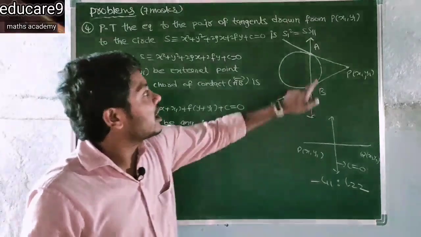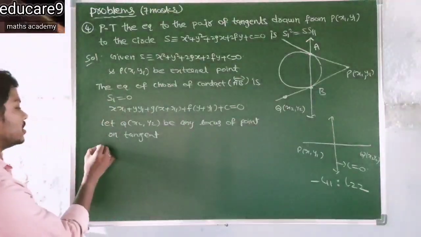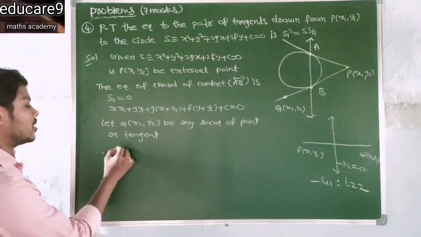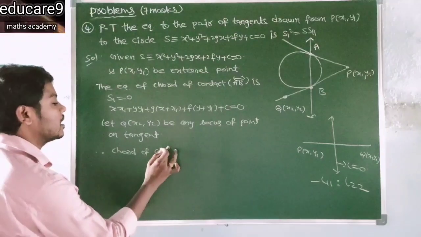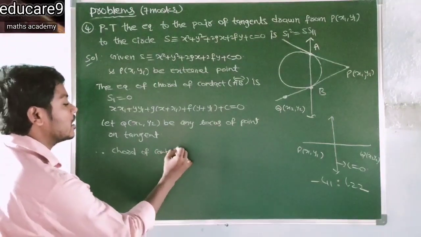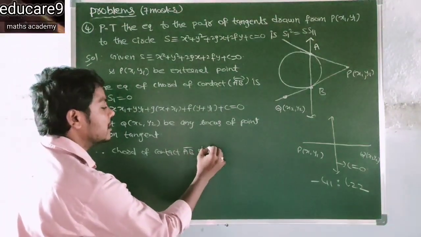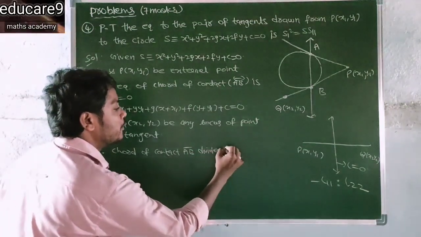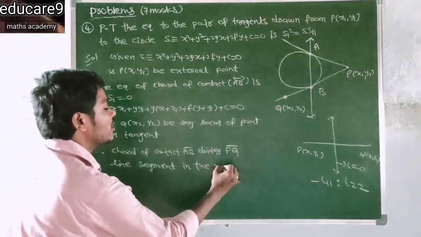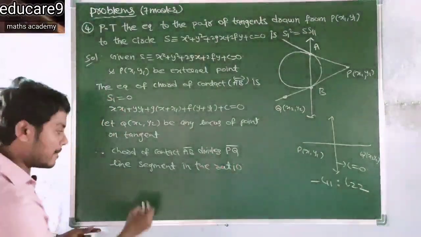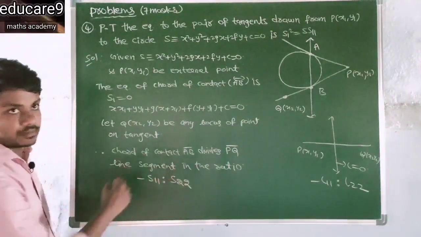But here the chord of contact is AB. So therefore chord of contact AB divides PQ line segment in the ratio minus S11 is to S22 actually.